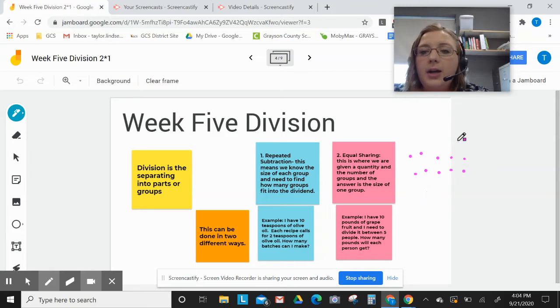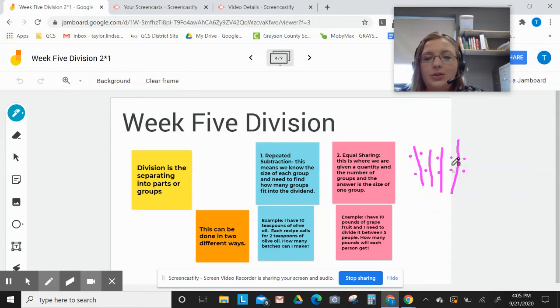So to see if I'm right, I'm just going to cut this where there's 2 in each group. 1, 2, 3, 4, 5. Does that work? It does. So each person should get 2 grapefruit.